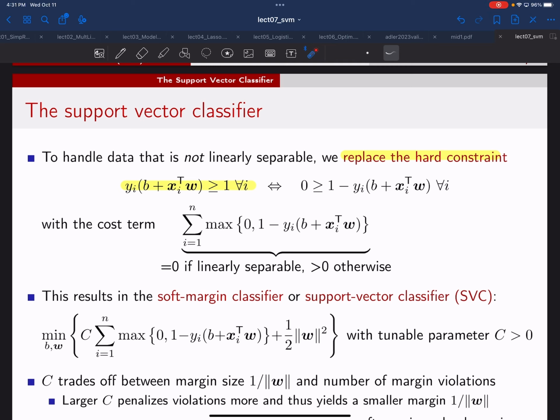So let's imagine what happens when C is really large. If I make C really large, that is essentially saying I really care about this a lot more than this. So when I minimize this, it's almost like saying I only care about this and I don't really care about that much at all. So in that case, you're going to try to find a street such that you make as few violations as possible.